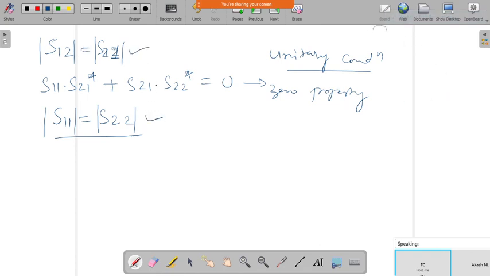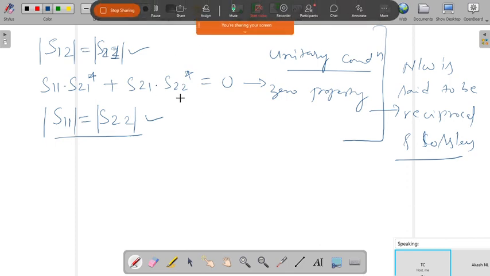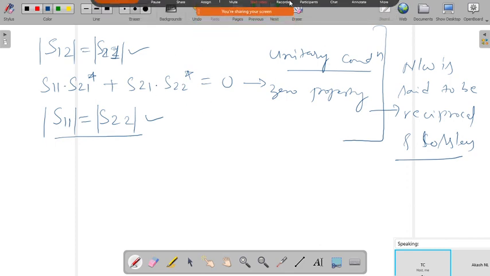If all these four conditions are satisfied, then the network is said to be reciprocal and lossless. And we can also say that the network is symmetrical as well as lossless. So these are the properties of the S matrix.